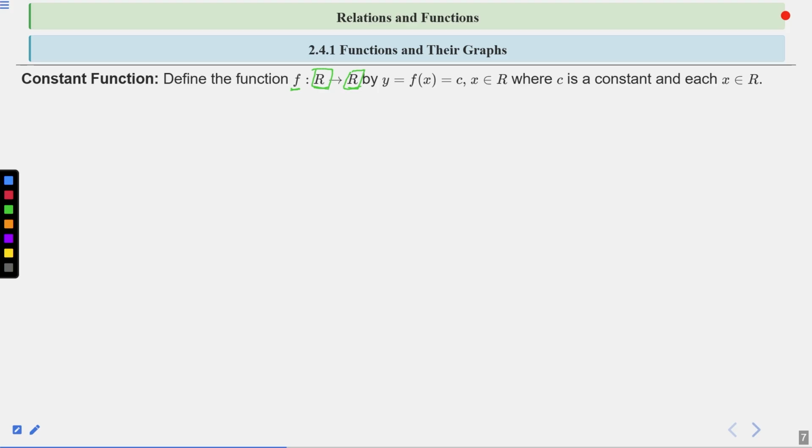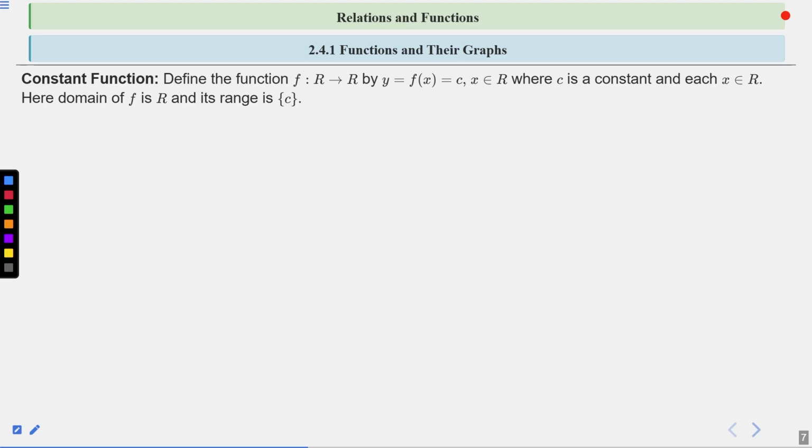Defined by y, which is f(x), equal to some constant c, where x belongs to the set of reals and c is some constant. Clear? So simply, how are my x and y related? Quite simple: whatever the input, the output will always be the constant c. Clear?